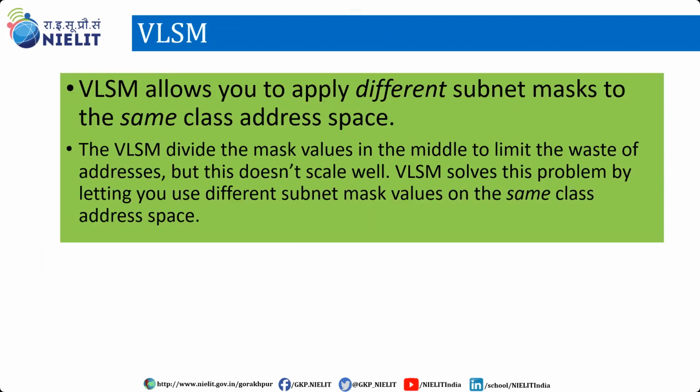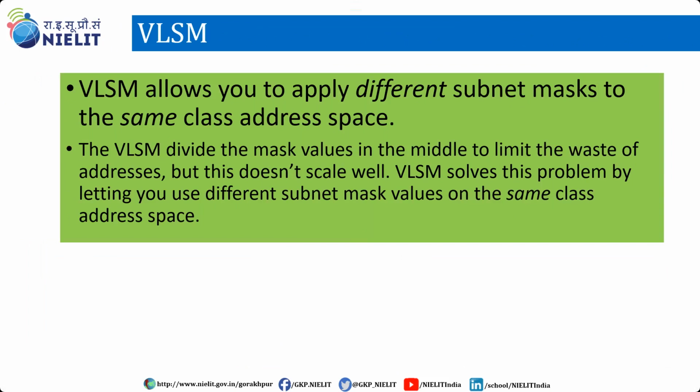VLSM allows you to apply different subnet masks to the same class of address space. VLSM divides the mask value in the middle to limit further wastage of addresses. Basically, subnetting also provides the division of a large network into smaller ones, but it provides uniform blocks.